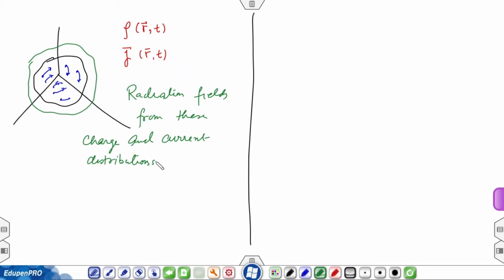And once we know that, we can calculate the power radiated and things like those from this. We have seen particular examples in the past, we are doing it in general now.